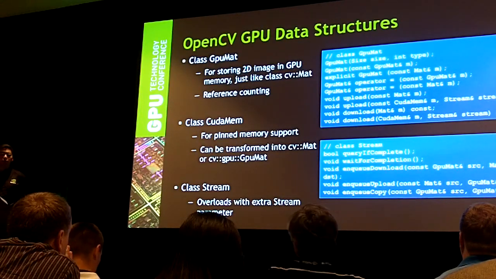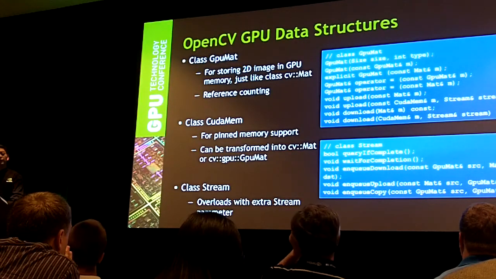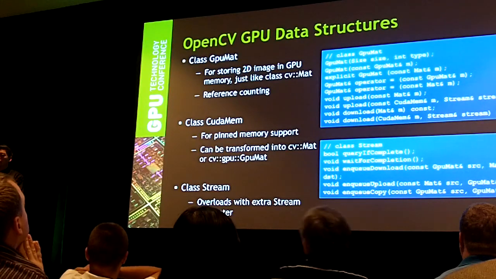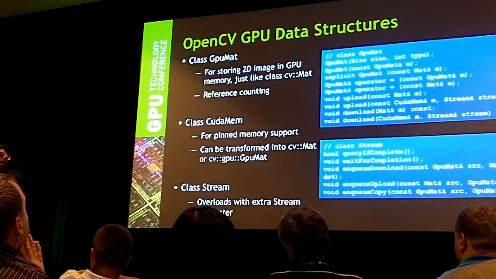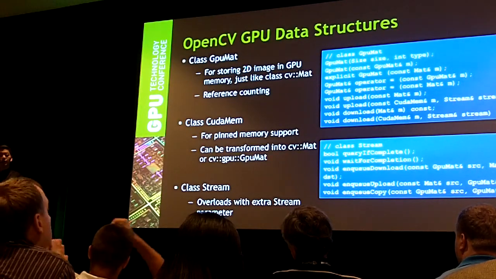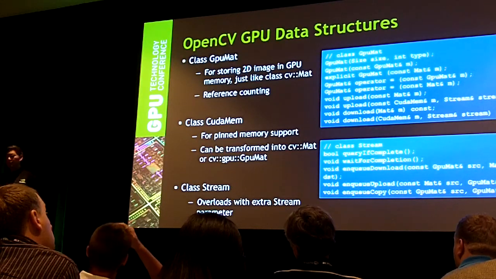So you can run something in OpenCV in a streaming fashion, especially if you're capturing live video. You don't want to stop computing just to transfer a piece of data. We can always kick that off in a separate stream and transfer data in parallel while running an OpenCV kernel.